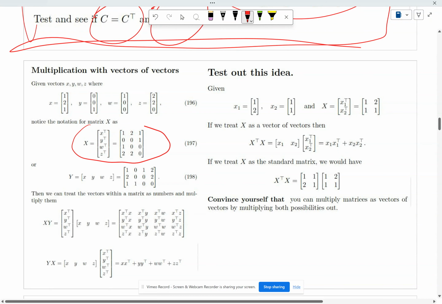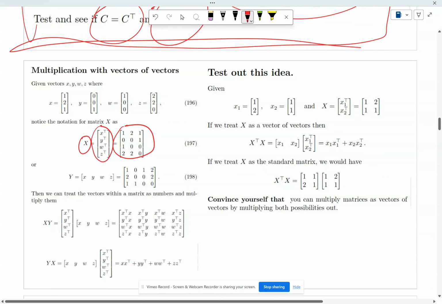Here's x. We can represent this matrix this way. Now, what is interesting about representing the matrix this way is that you can also view this as a column vector.